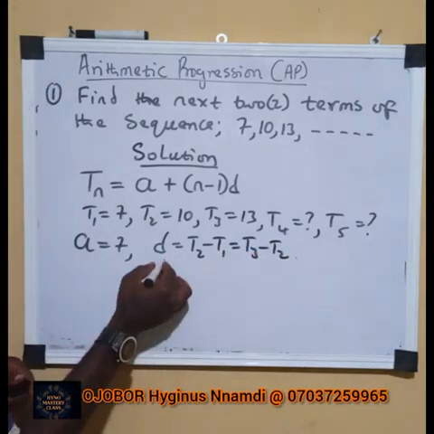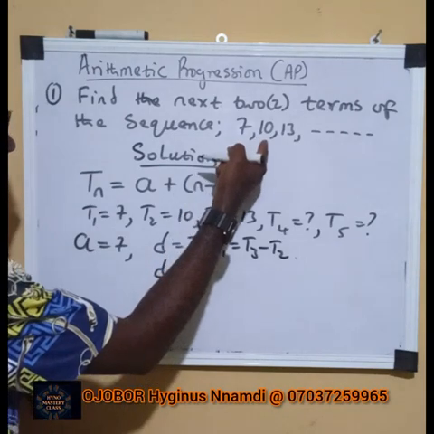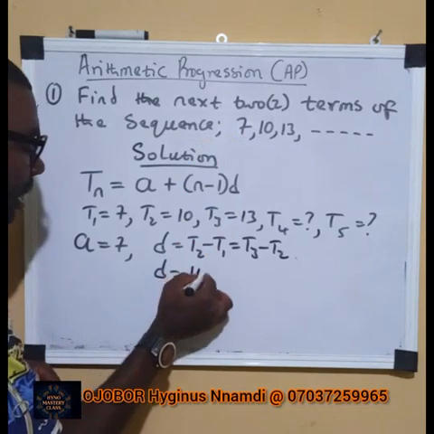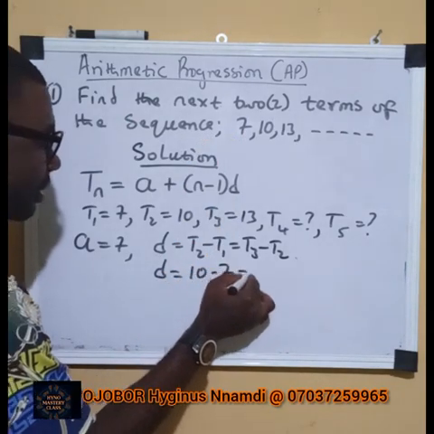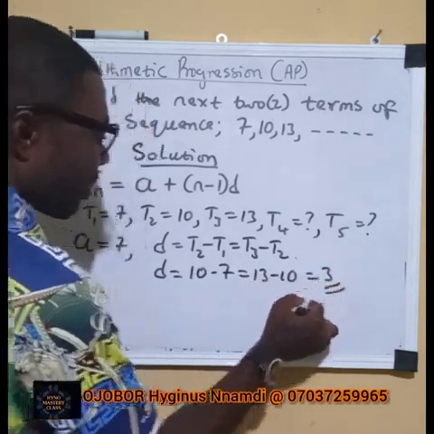So if that is the case, our common difference is equal to T2, which is 10, minus T1, which is 7. So it's going to be 10 minus 7, or you can say it is 13 minus 10, and that's going to give us a constant number, 3.